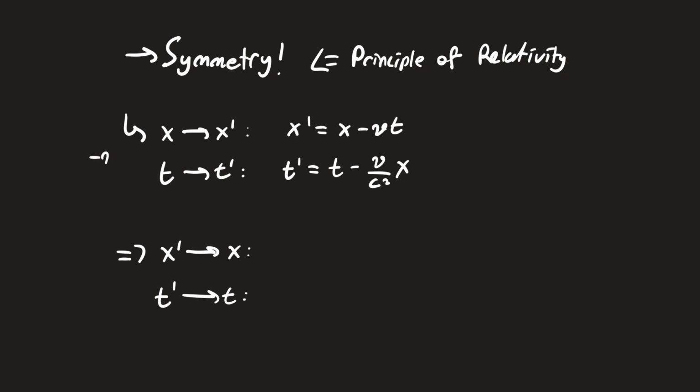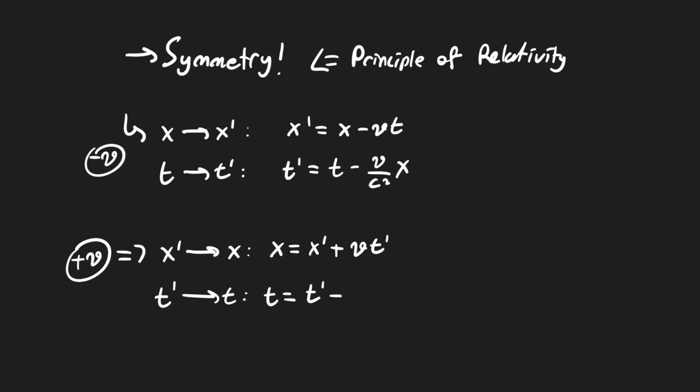The only difference between them can be the sign of the velocity, because according to the ground, the train is going forward. According to the train, the ground is going backwards. So we want to have x equals x prime plus vt prime. And similarly, t is equal to t prime plus v over c squared x prime. And these transformations need to cancel each other out.